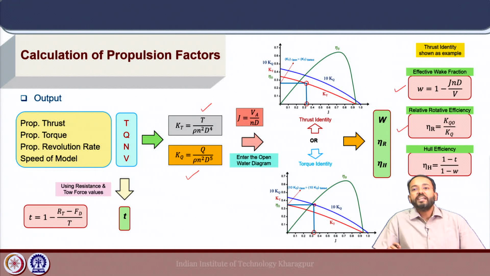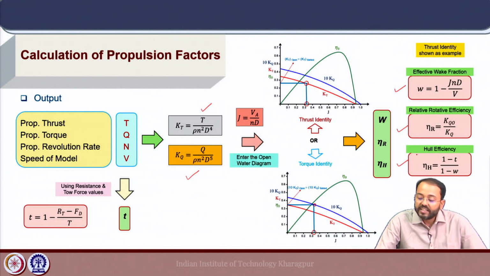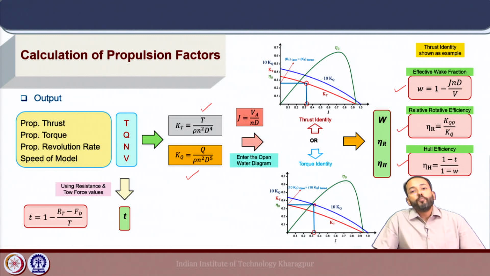And finally, we can calculate the hull efficiency eta h by this equation, 1 minus thrust deduction factor by 1 minus wake fraction. Now, this wake fraction is called the effective wake fraction, as opposed to the nominal wake fraction, which we had measured behind the ship hull.